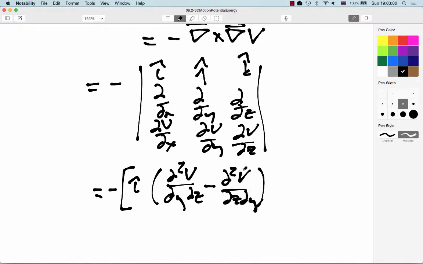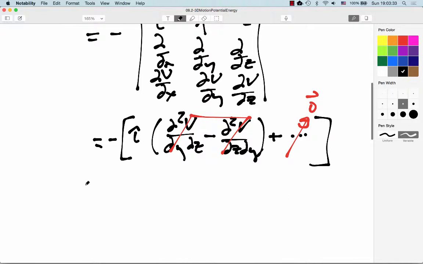And there's a spiffy theorem that for second order partial derivatives you can interchange the order of partial derivative taking, so they cancel. Similarly, if you go ahead and do the j and the k components, you'll see that those terms go to 0 as well. So sure enough, the whole thing is the null vector.